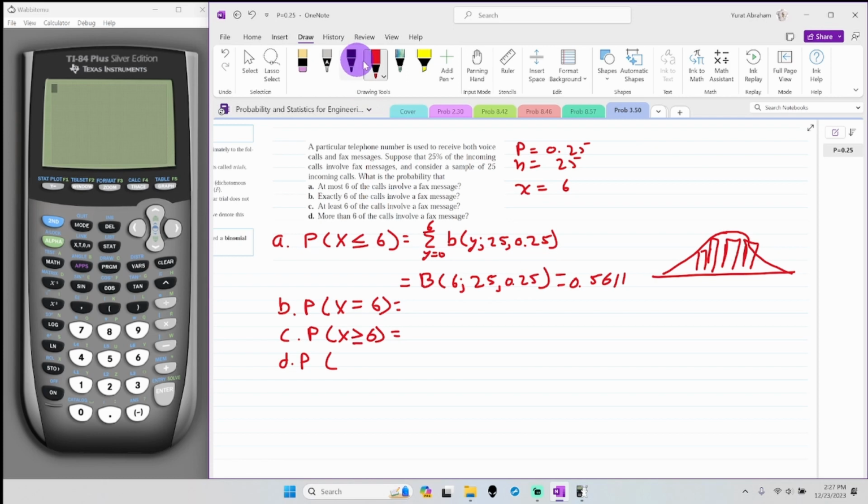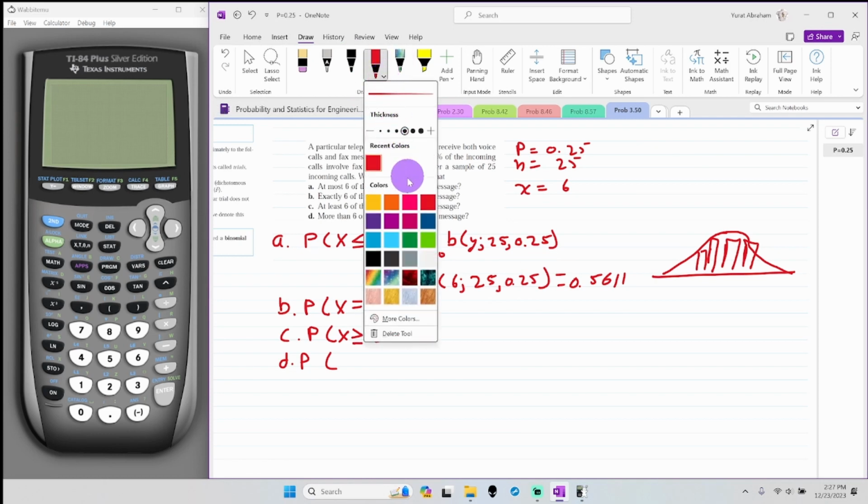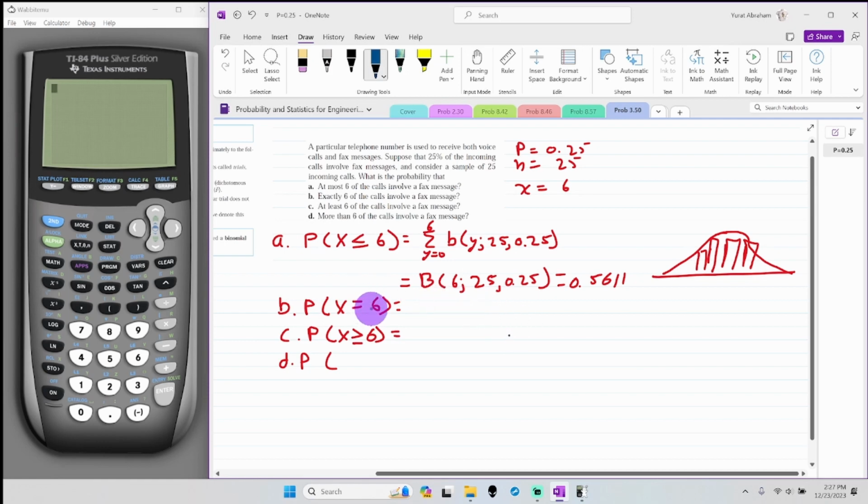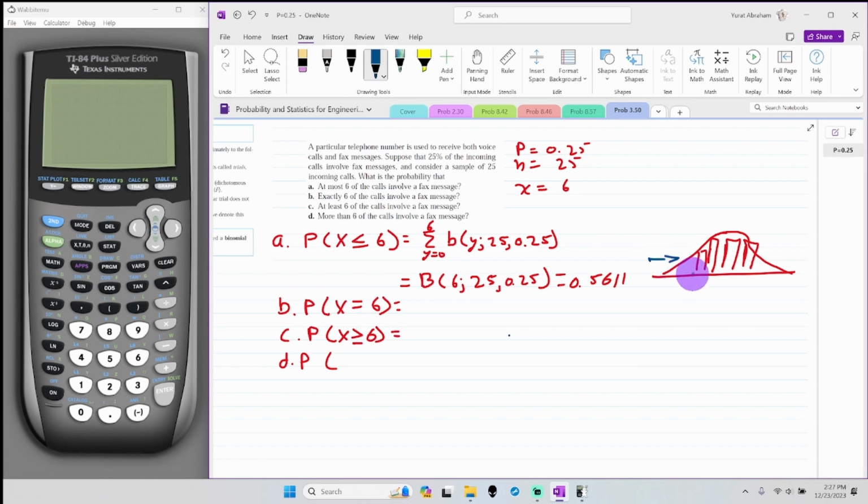Before, we did the less than, which means from this point to that point to there, to 6.